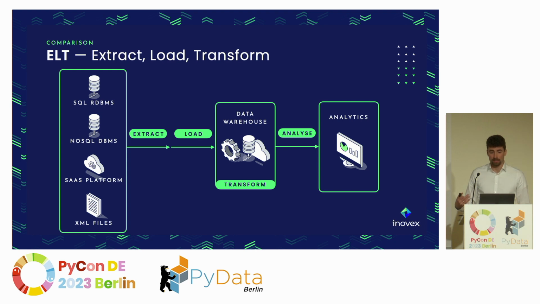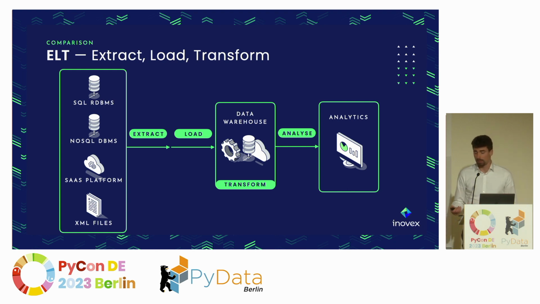So now, with ELT, so extract, load, transform, you basically have reduced this one step in between, this one step that needed a different processing engine like Spark, so you completely get rid of this. You directly extract and load your data into a modern data warehouse that has those capabilities, like Snowflake, and do the transformations directly in the warehouse.